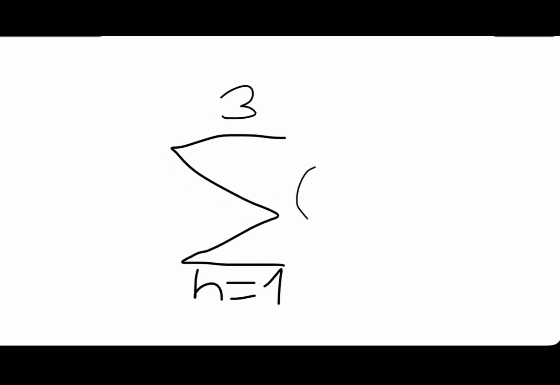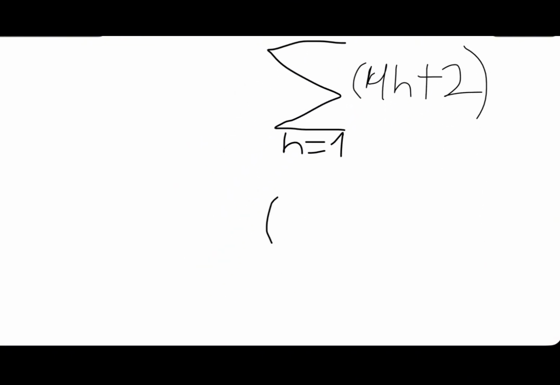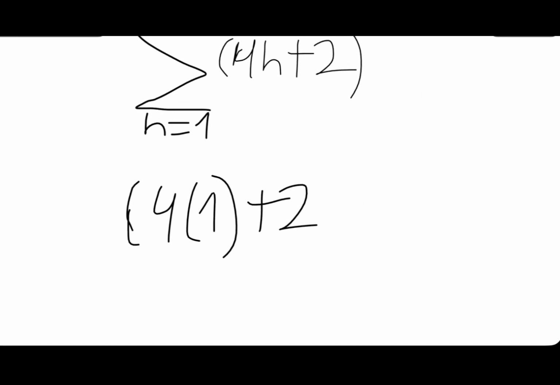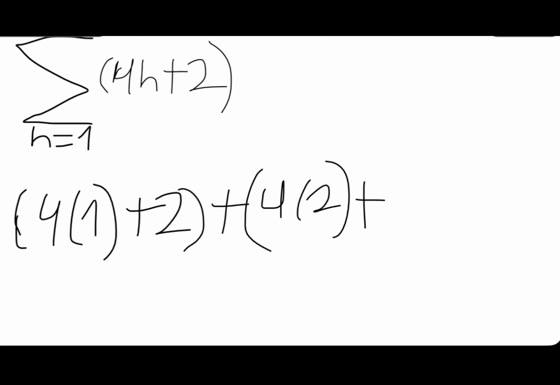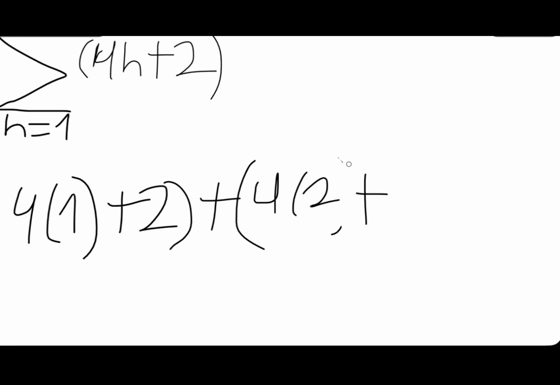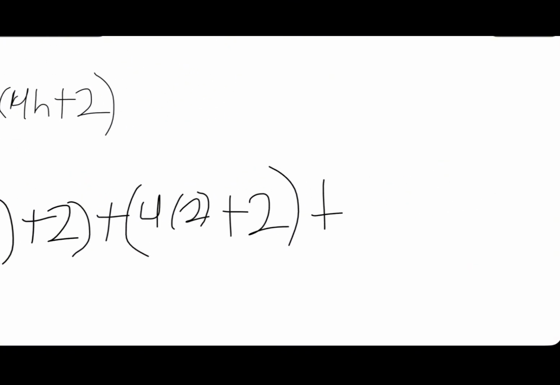You can play around, mess around with it, which is really fun. So what you can do is you can do like 4n plus 2. How that's gonna work is 4 times 1 plus 2, then plus 4 times 2 plus 2, plus 4 times 3 plus 2.